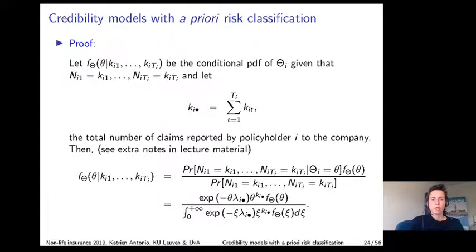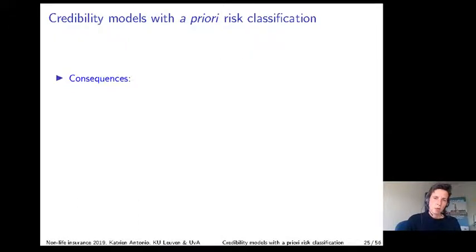In our Poisson credibility model, the conditional or the posterior distribution of theta I given the claims reported by policyholder I only depends on the total number of claims reported by policyholder I. Now let us give some intuition or interpretation to this property, and therefore we rephrase this insight as follows.